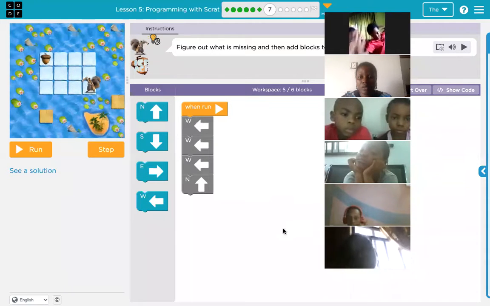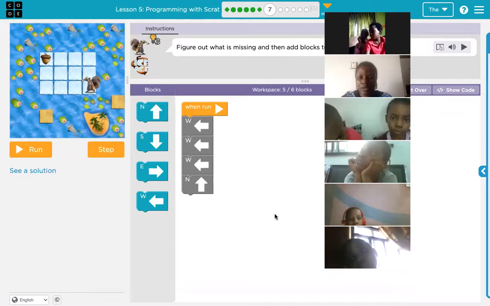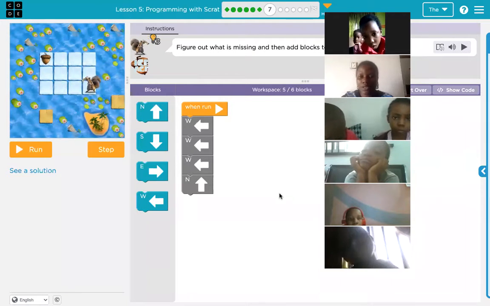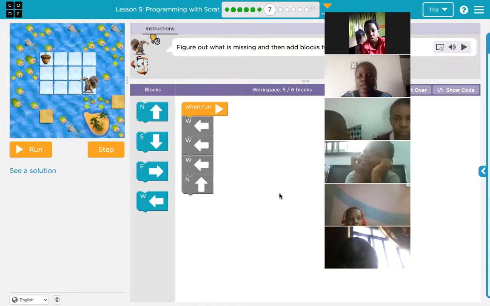All right, Zoe, you're raising your hands. What is the question, please? I said, what is debugging? And someone has answered the question.